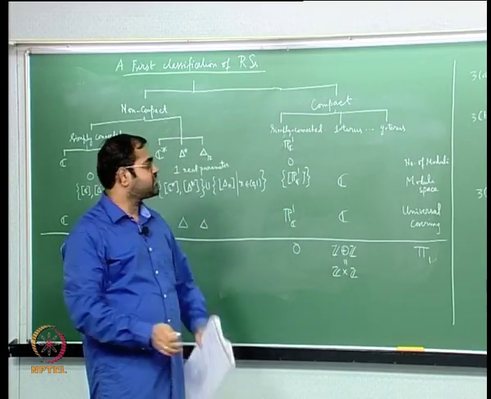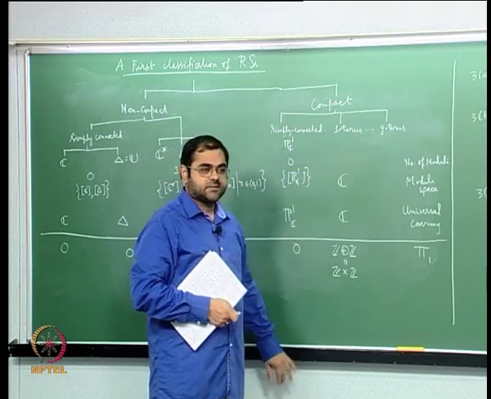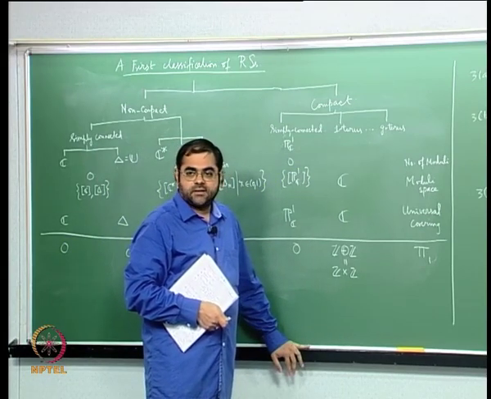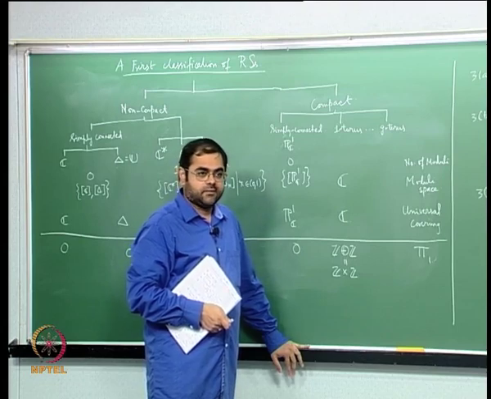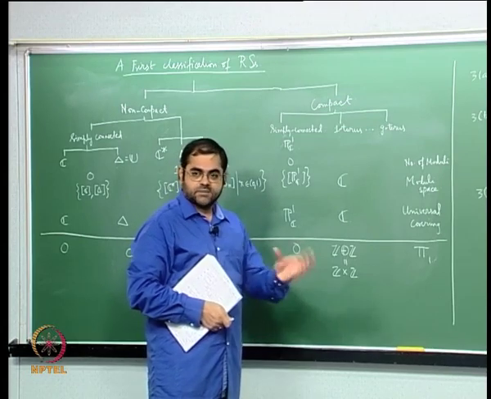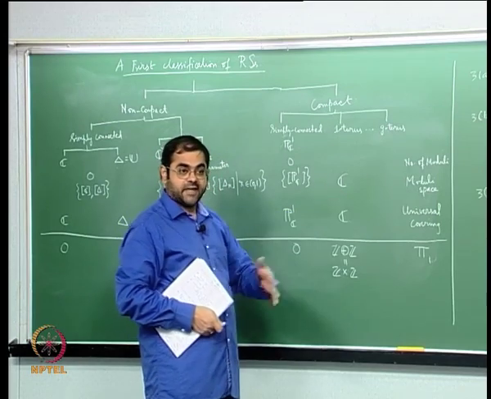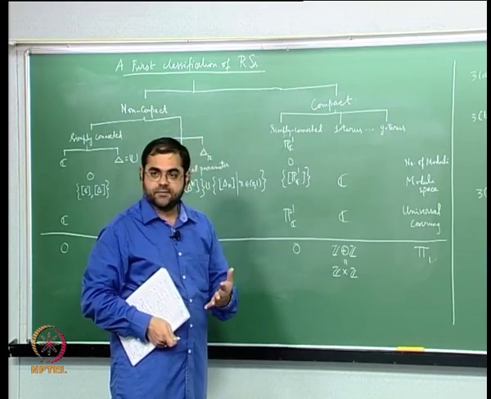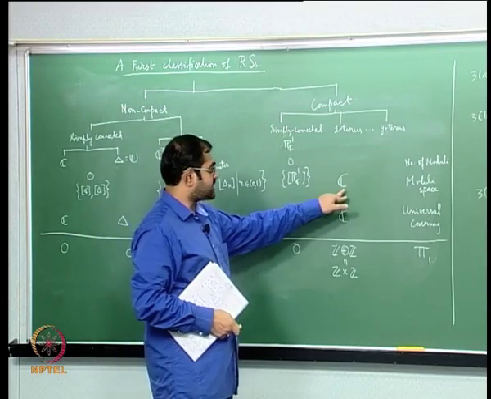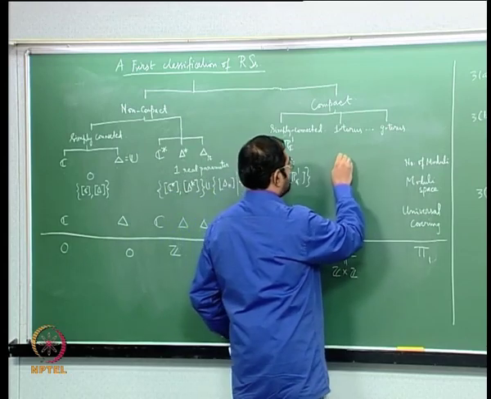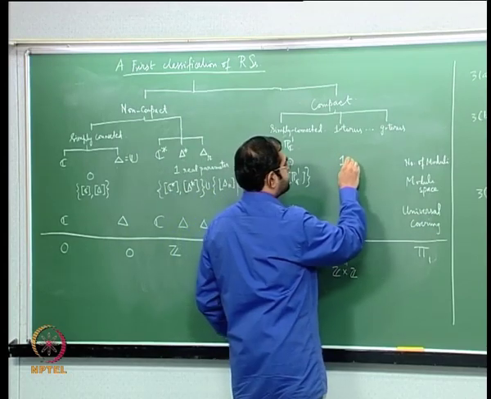The set of isomorphism classes of complex structures on a one torus, which is S1 cross S1, a real torus, is isomorphic to C, and that set actually acquires a Riemann surface structure, and as a Riemann surface it is isomorphic to C, and so the number of moduli will be one complex parameter.